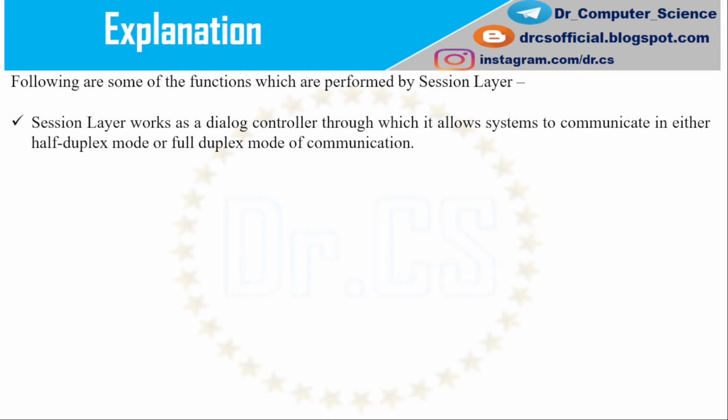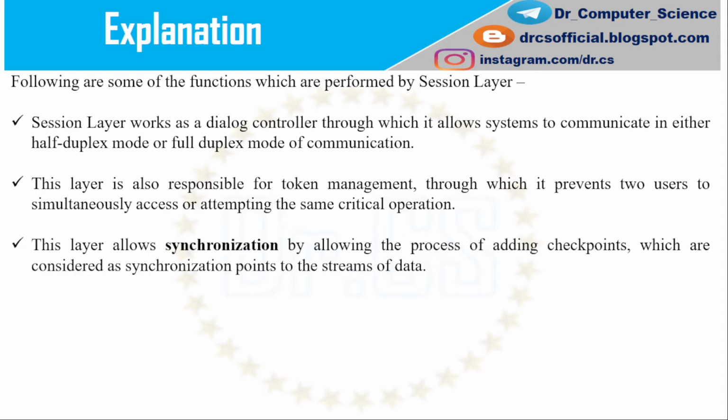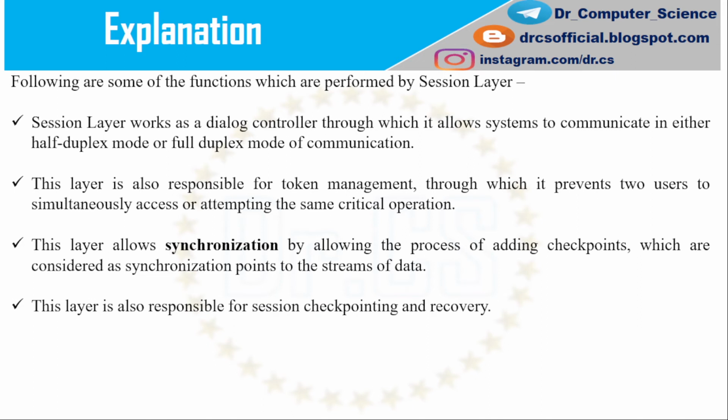The session layer works as dialog control, which allows systems to communicate in either half duplex mode or full duplex mode of communication. This layer is also responsible for token management. And this layer allows synchronization by adding checkpoints, which are considered synchronization points, to the stream of data. This layer is also responsible for checkpointing and recovery.